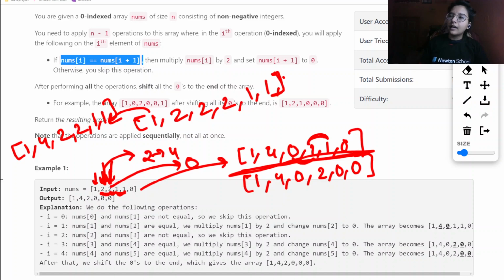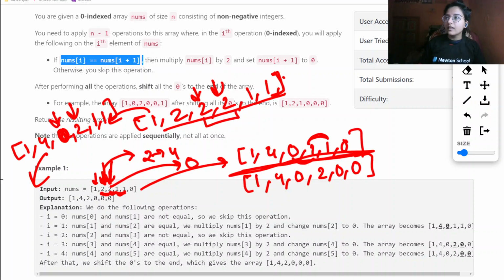If we perform the next operation on the original array only, then the 2 and 2 would be equal. But if we perform it on this array with the 0 here, then it won't be equal, so we will be skipping this.